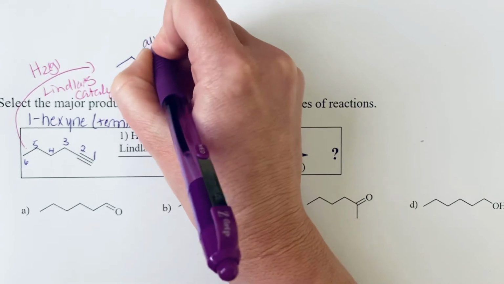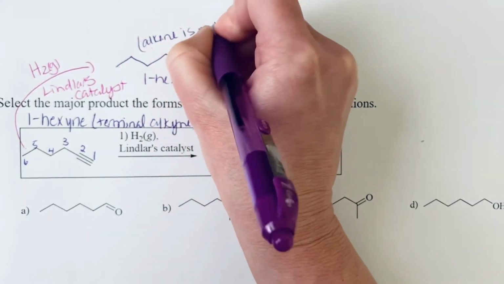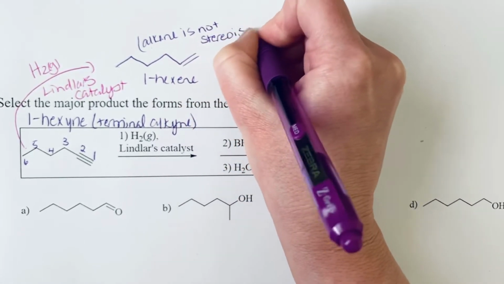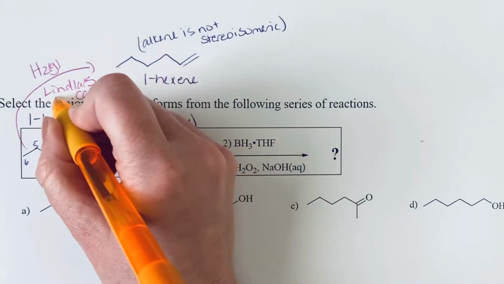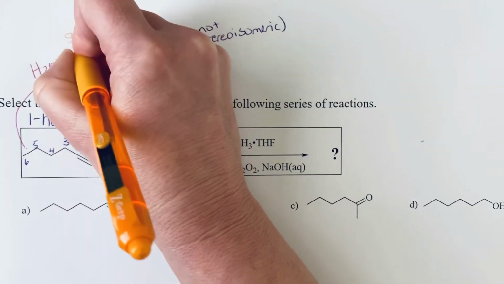And so this alkene, we'll make a note of it, is not stereoisomeric. That means it does not have a stereoisomer. All right, so all we're using this Lindlar's catalyst for here is to stop the reduction at the alkene.